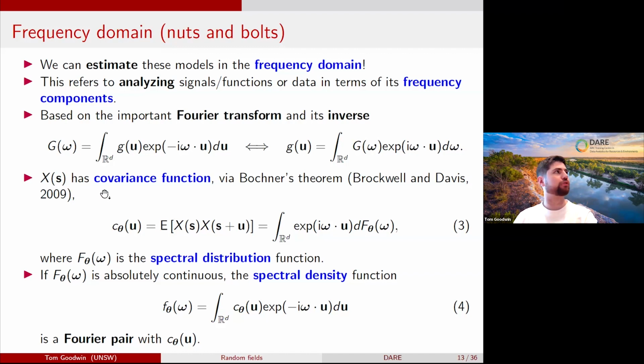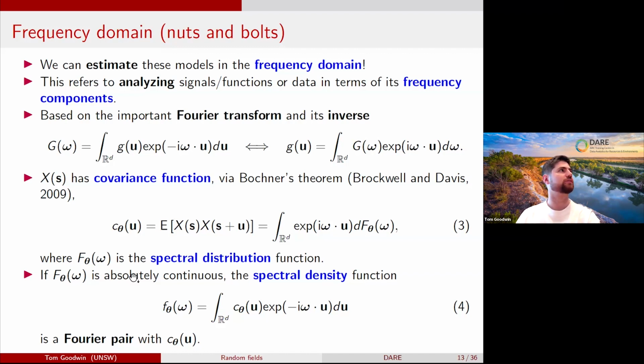And for a covariance function, via Bochner's theorem, essentially the covariance function is the inverse Fourier transform of the spectral distribution, right? And the spectral distribution is just the integral of the spectral density. I'm not being very rigorous about the exact specifications. There are some technical conditions, but we don't need to get into that in this talk.